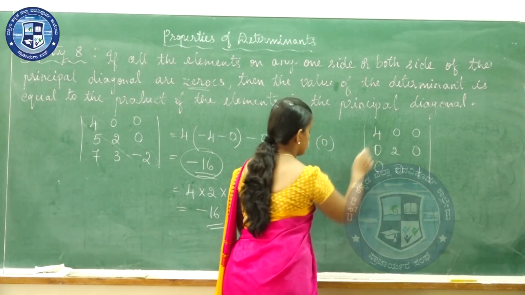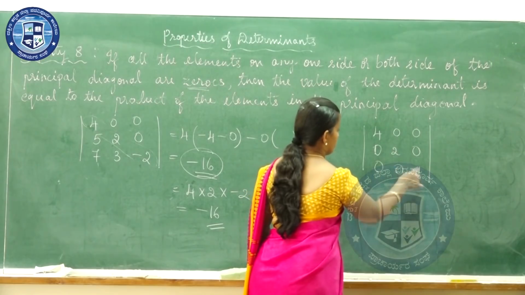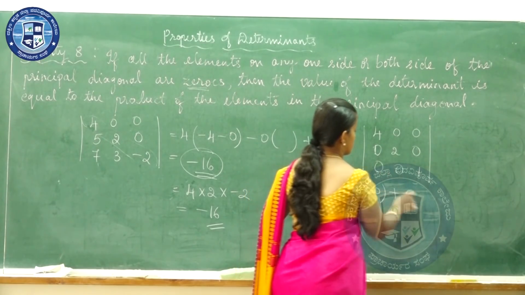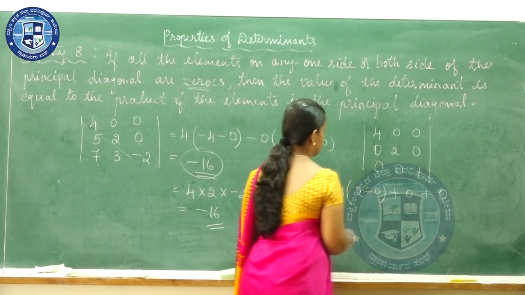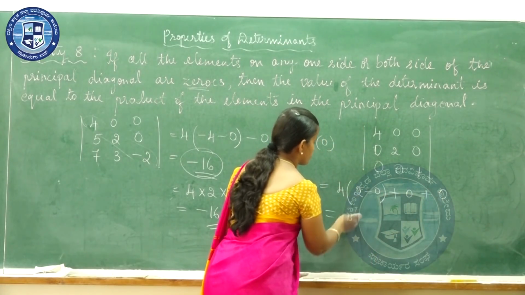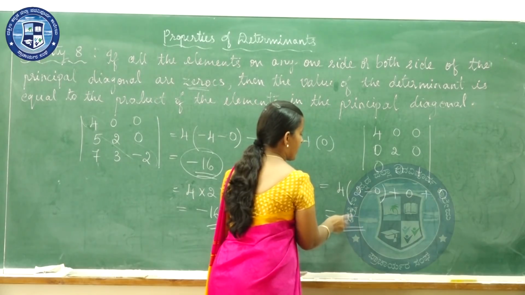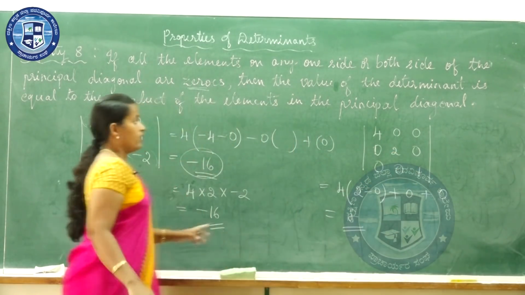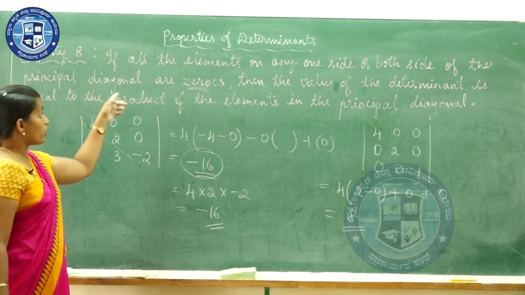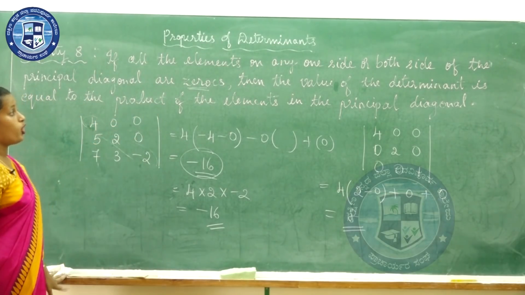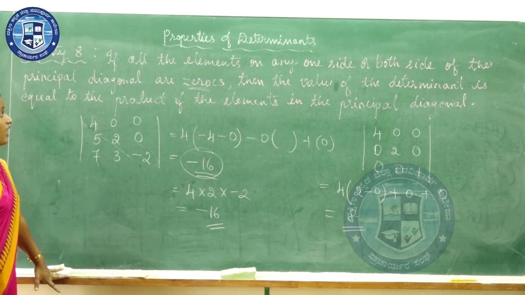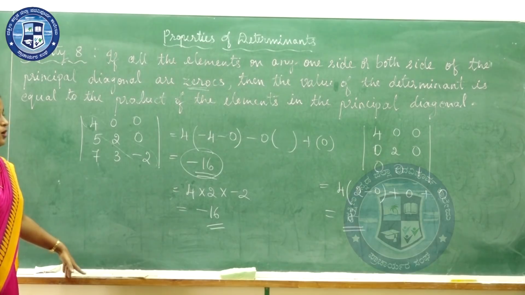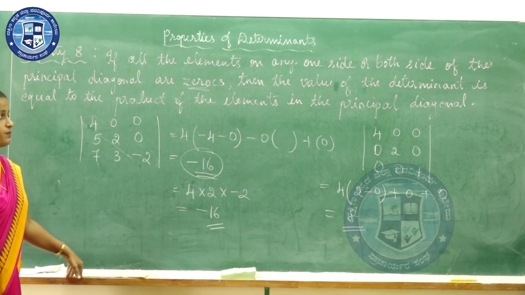So expand this. 4 into 2 minus 0. Then you have 0 and 0. So no use calculating. So 4 2s are 8 is the answer. 8 is nothing but 4 into 2 into 1. So if all the elements on any one side or both sides of the principal diagonal are zeros, then the value of the determinant is equal to the product of the elements in the principal diagonal.